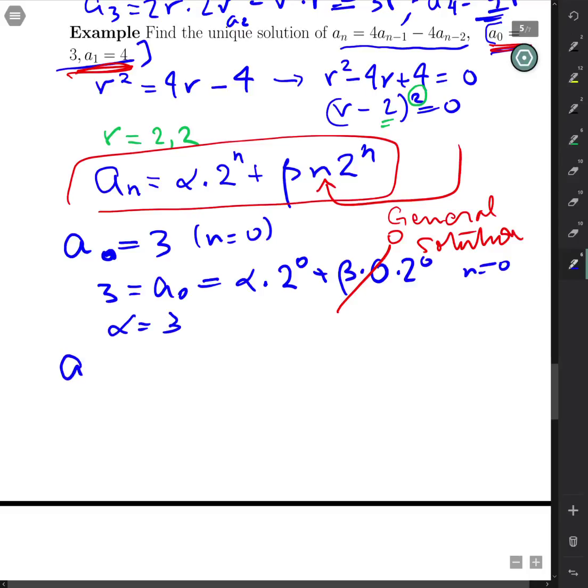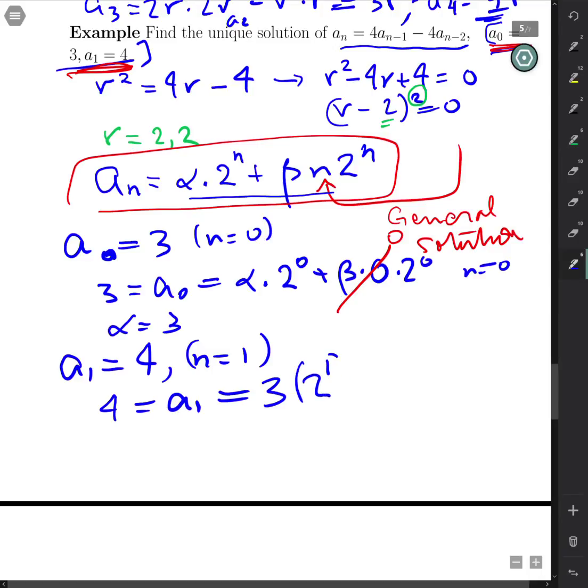Now let's use a1 is equal to 4 above, and this will be for n is equal to 1. So we'd have 4 is equal to a1, that's given, but a1 by our general expression is equal to 3, that's alpha, times 2 to the 1, plus the unknown beta times 1, 2 to the 1.